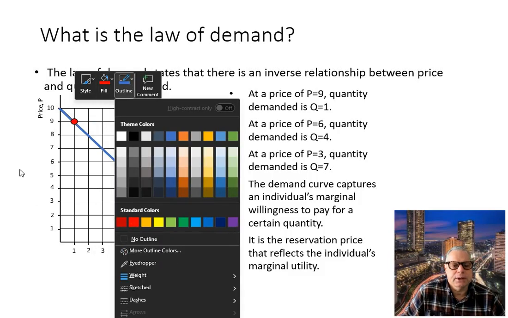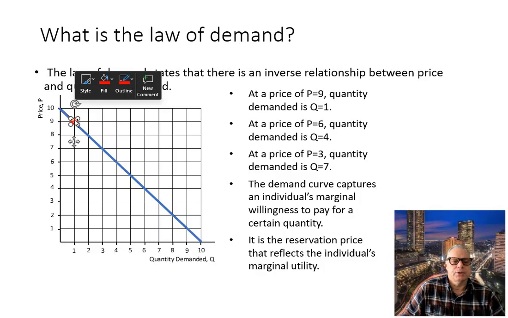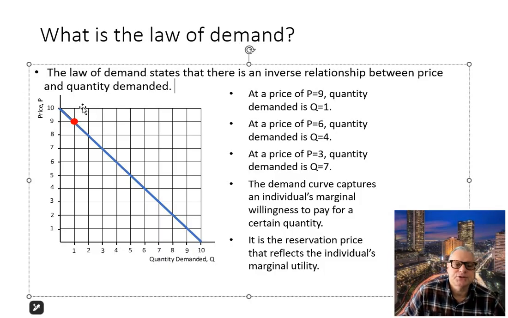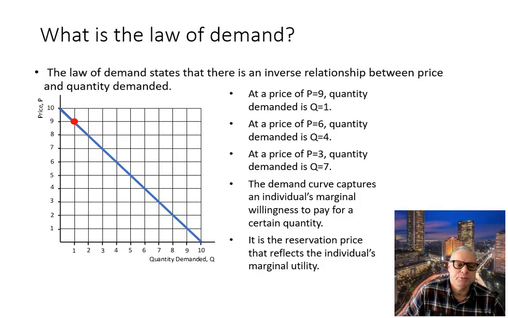Okay, so this red dot is the quantity demanded at the price of 9. And at the price of 6, quantity demanded is 4. At the price of 3, quantity demanded is 7.